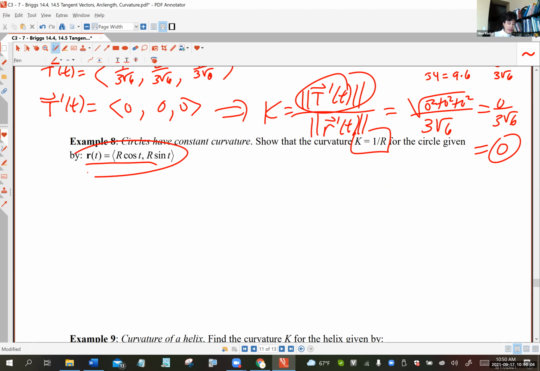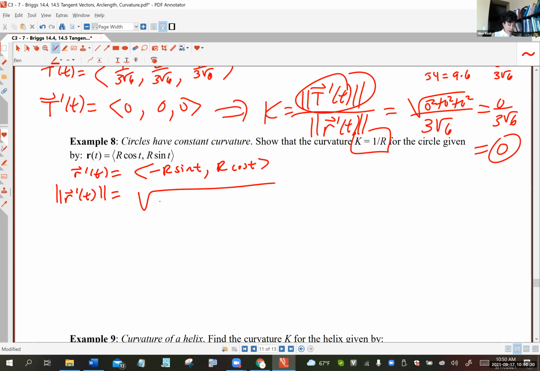And if you don't believe this is a generic circle, let R equal 2 and use your graphing calculator in parametric mode and graph it, and you'll get a circle of radius 2. If you put R equals 5 in there, you'll get a circle of radius 5. Fine. So we're going to get R prime. That'll give us negative R sine, R cos. Then we're going to get speed, the square root of the sum of the squares of our velocity vector.